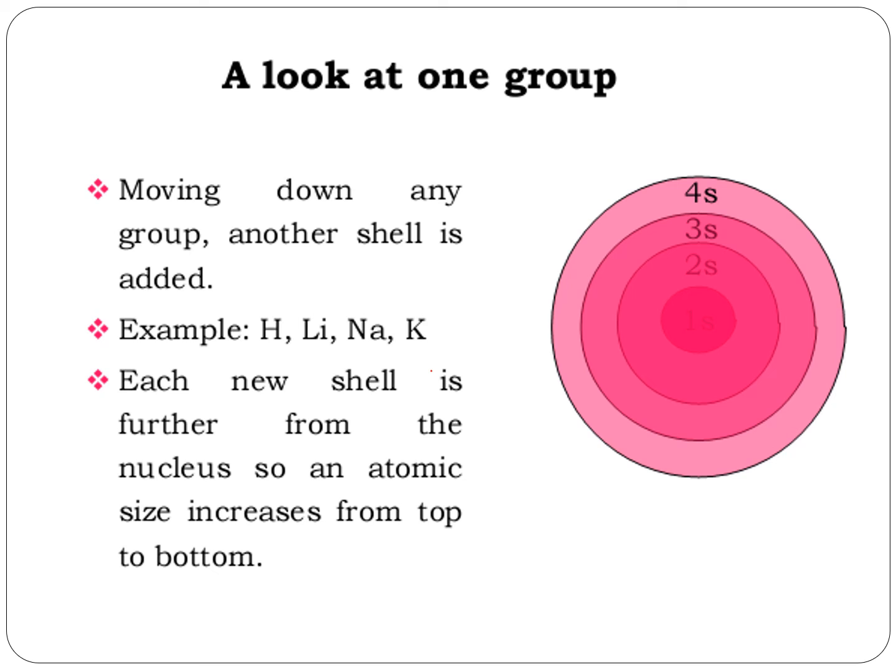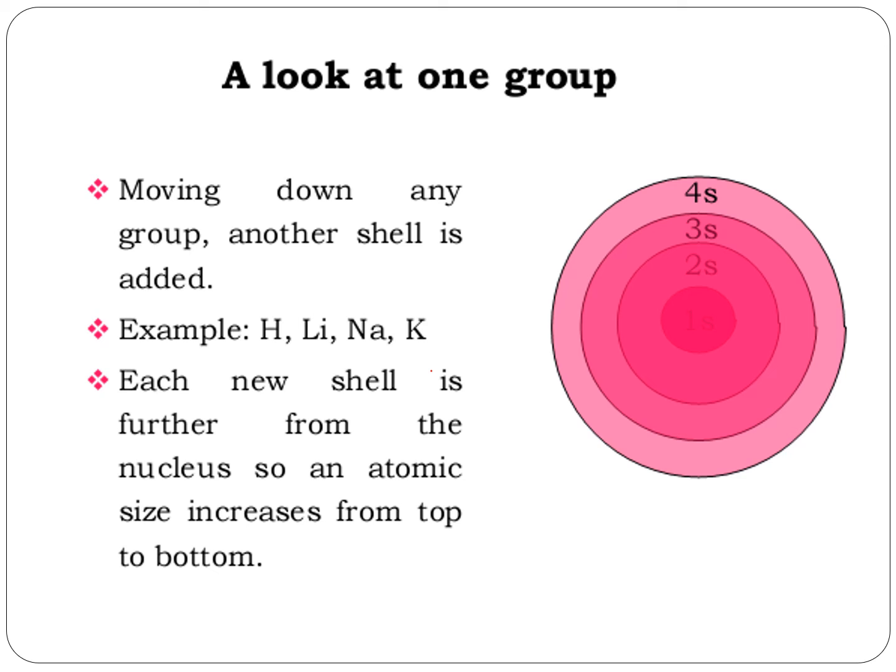So moving down the group, another shell is added. Okay, for example, we have 1s1, 1s2, 2s2, 3s2, 4s2. Okay, so now we have 4 periods. Example like helium, lithium, sodium, and potassium like this. Each new shell is further from the nucleus, so the atomic size will be increased.